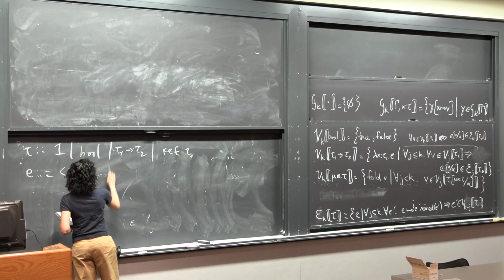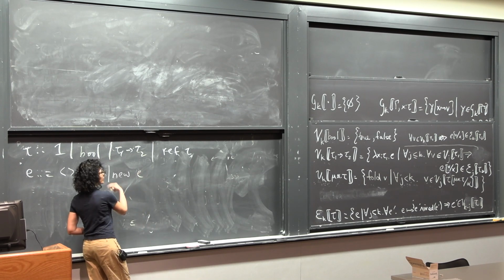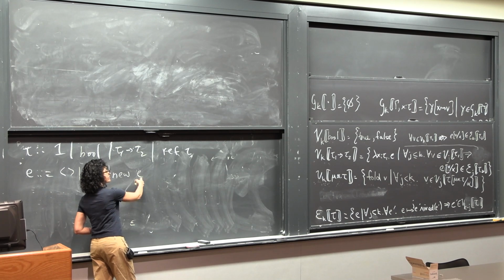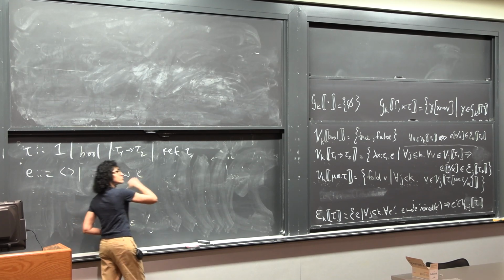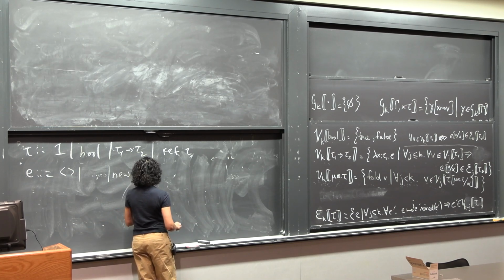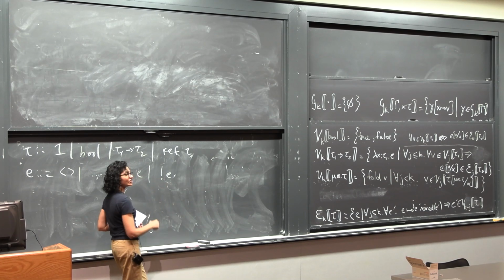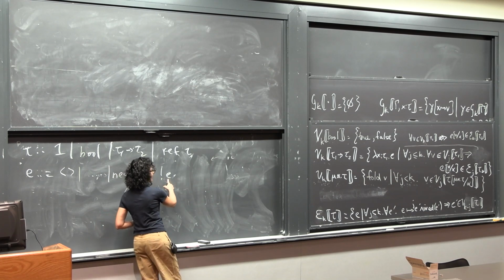So I'm going to have new E. This basically says, create a new reference cell, evaluate this value E, and whatever value you get, store it in that reference cell. Okay? I'm going to have, this is usually written bang E, which means dereference E. Go and read, take E, evaluate it down.